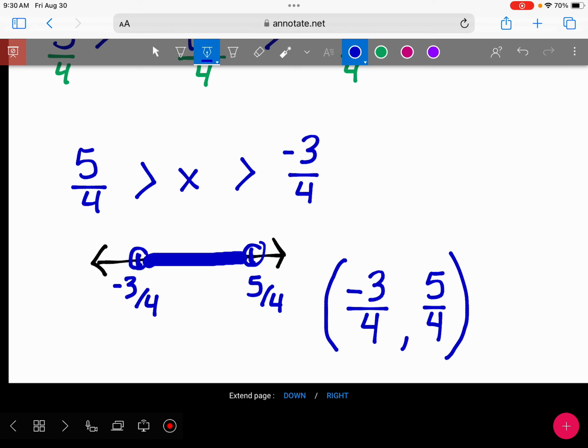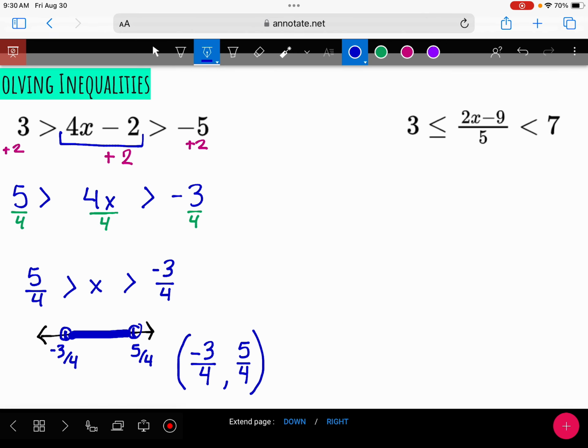When we have an equals to, we use a closed circle and our square bracket. If we do not have the equals to, we use our open circle and a parenthesis. Okay? Questions on this one? Okay, let's do the one on the right.